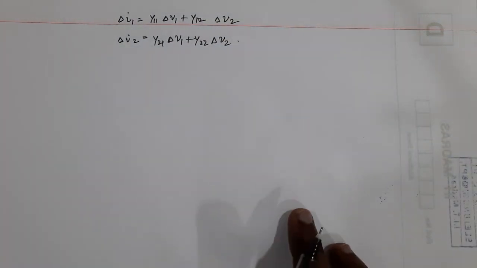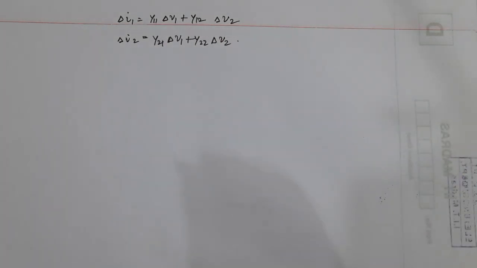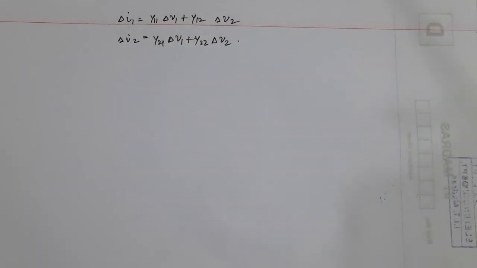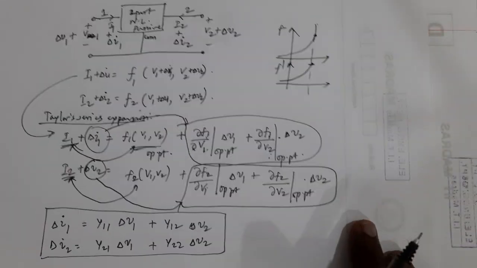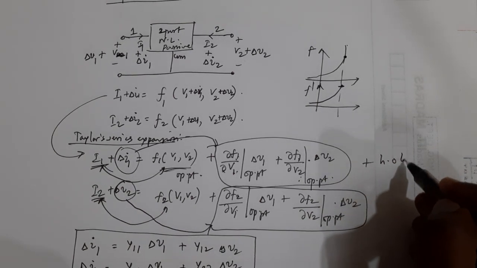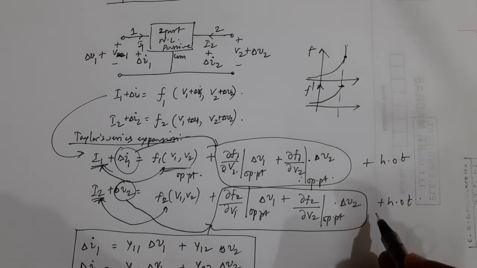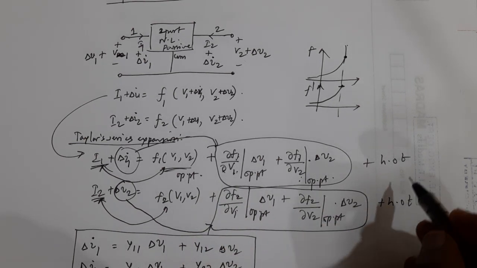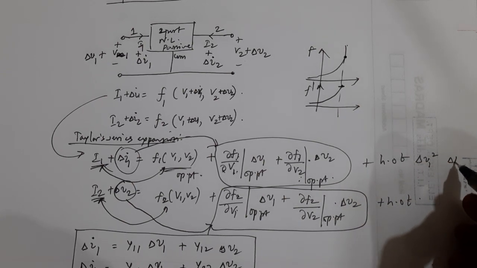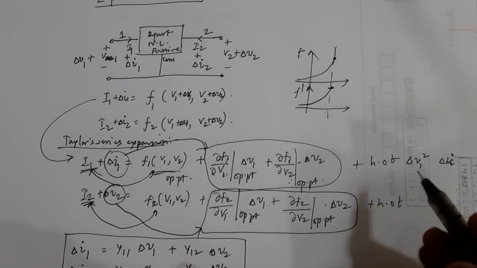If you have that particular situation, then what I am indirectly saying is, remember in the previous discussion you also had higher order terms, like in the single port Taylor series expansion in a single variable. So you will have delta V1 square, delta V2 square, and delta V1 cube, V2 cube and so on.